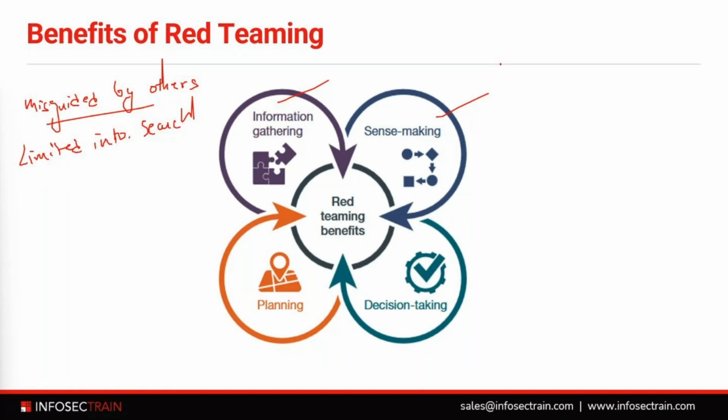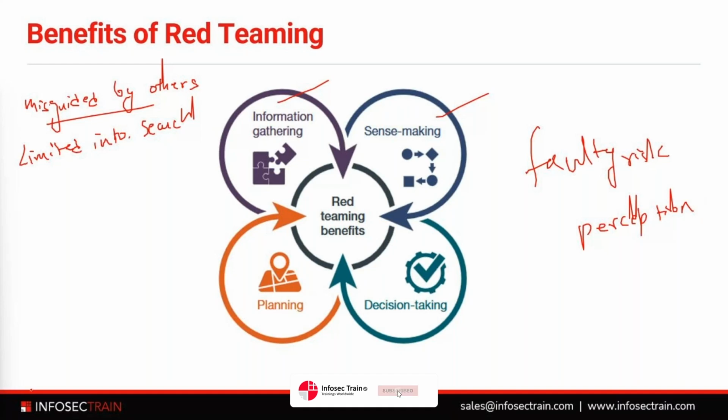Now, when we talk about the challenges in sense making, there can be faulty risk perception. What can be understood by faulty risk perception? A key aspect of judgment about relevance, significance, or threat is the individual's perception of risk.